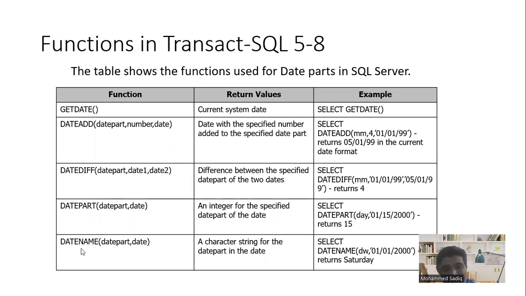We also have DATENAME, where I want to extract the part of the date in English, like the name of the month or the name of the weekday. That is where we use the DATENAME function. Let us see practically how to work with this.